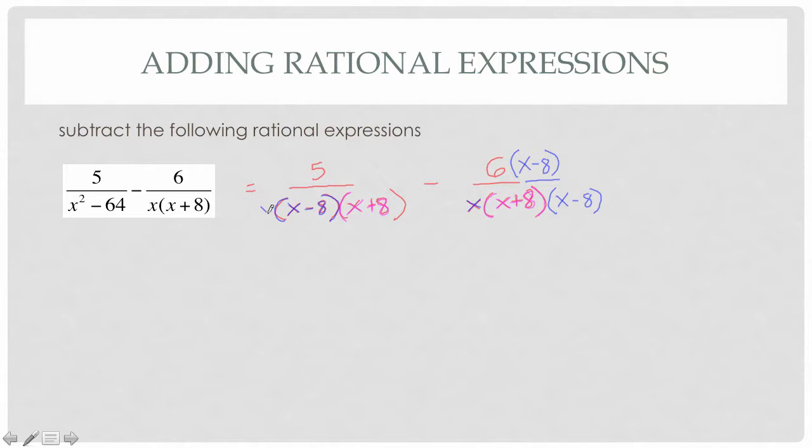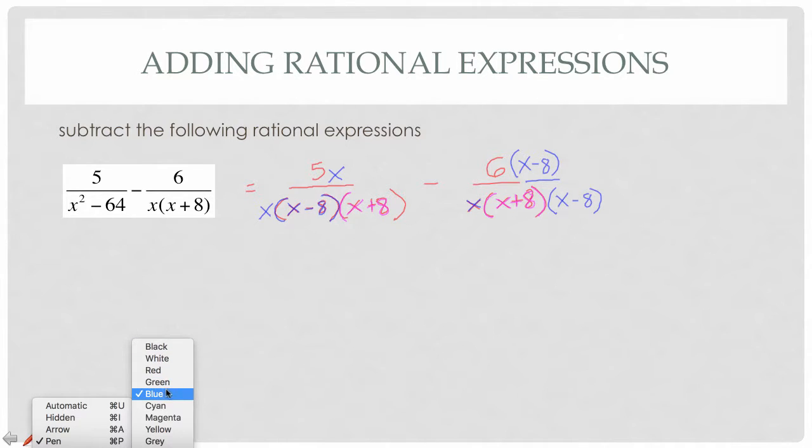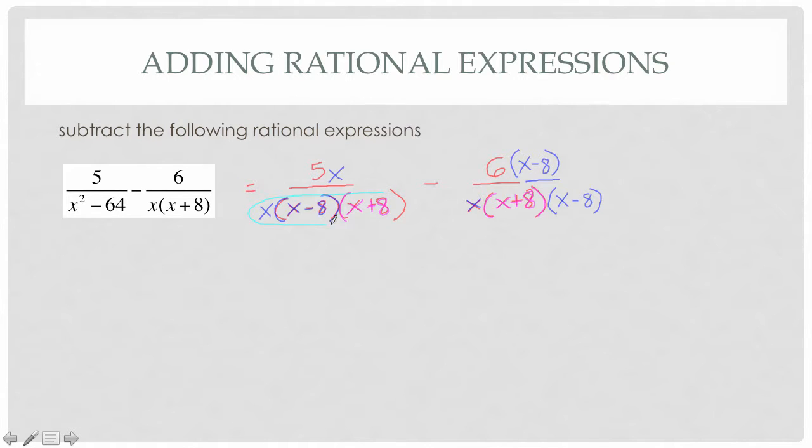So I'm going to multiply by x in the numerator and denominator on the other fraction. Look at what we got now. Let's switch colors. So now we've got x times x minus 8 times x plus 8, and we have another x times x plus 8 times x minus 8. We have common denominators at this point.